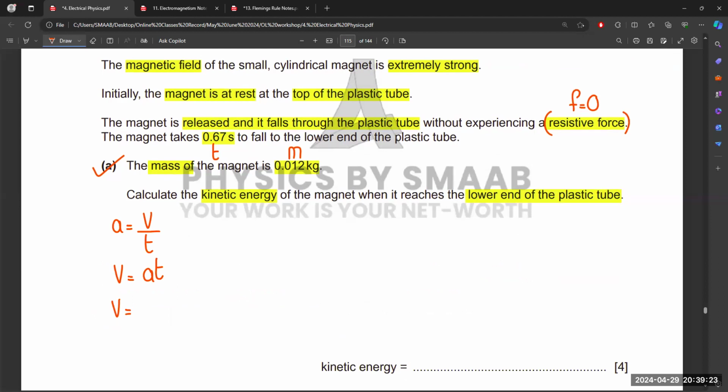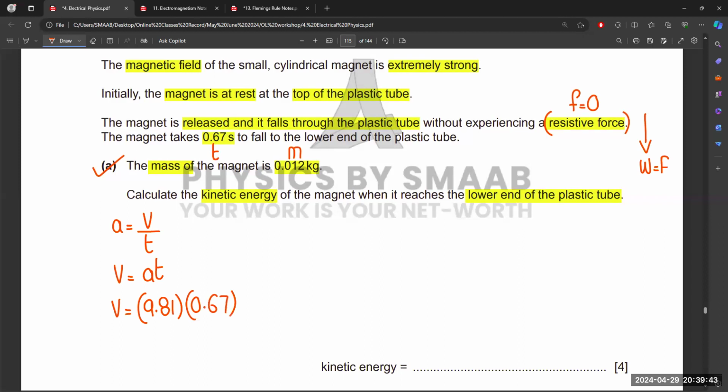So there is only one force moving in the downward direction, which is equal to the weight of the body, or the downward force. So that is equal to 9.81, free fall. Time is 0.67 seconds.